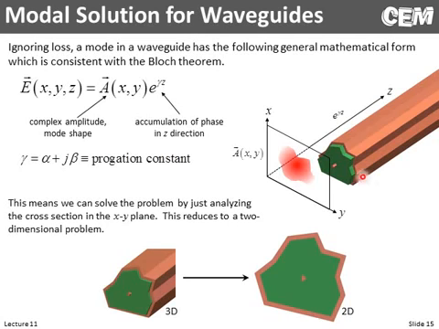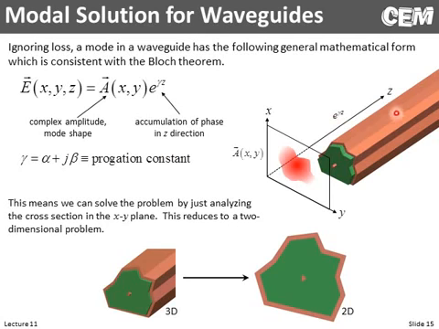But let's look at the cross section. If we look at the cross section, what we see is that there's a bunch of energy confined here that fits inside the waveguide. Now, this cross section, this amplitude profile, never changes. That stays nice and constant as that mode propagates down the waveguide. The only thing that happens as it propagates is that this accumulates phase, or perhaps decays or grows, according to the exponential term.